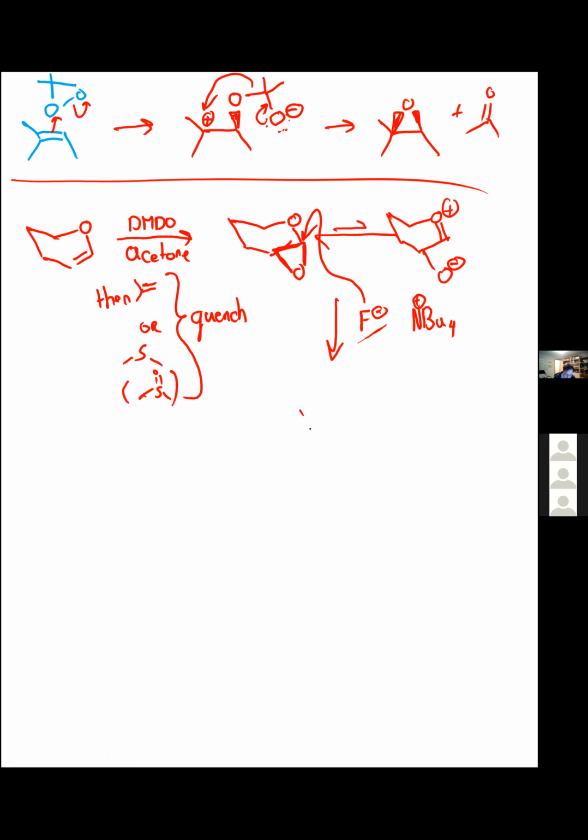So unsurprisingly, this comes from the top face, and that's because the bottom face is blocked by your epoxide.